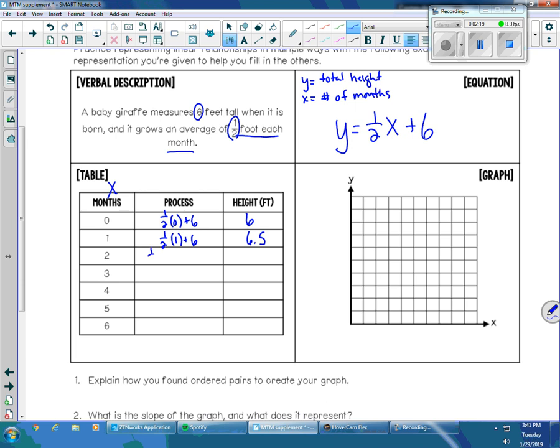So we'd have 1/2 times 2 plus 6 for the next one. Half of 2 is 1 plus 6 is going to be 7. You might be seeing a pattern. Go ahead, like I said, and pause the video. See if you can get the rest filled in.